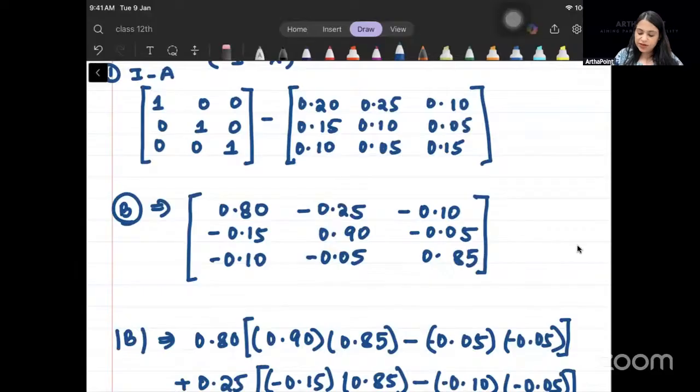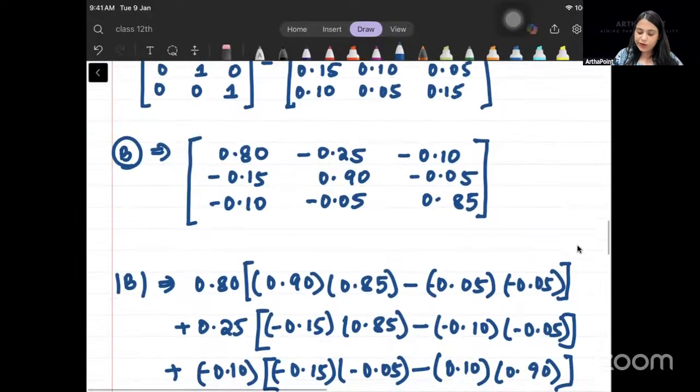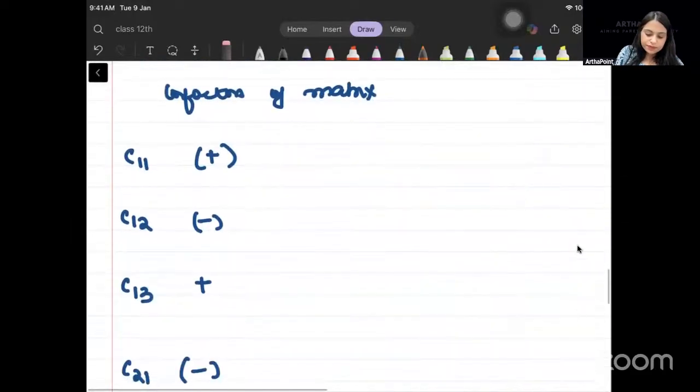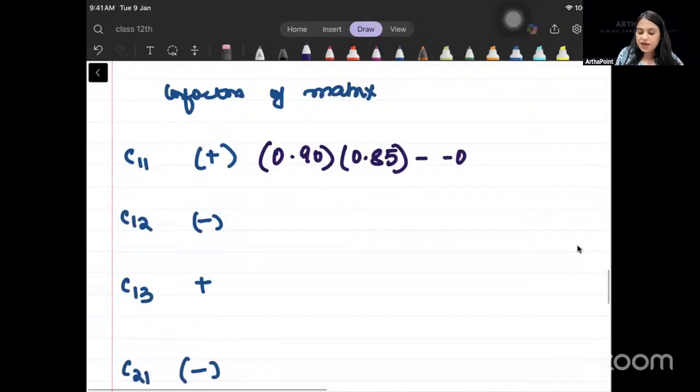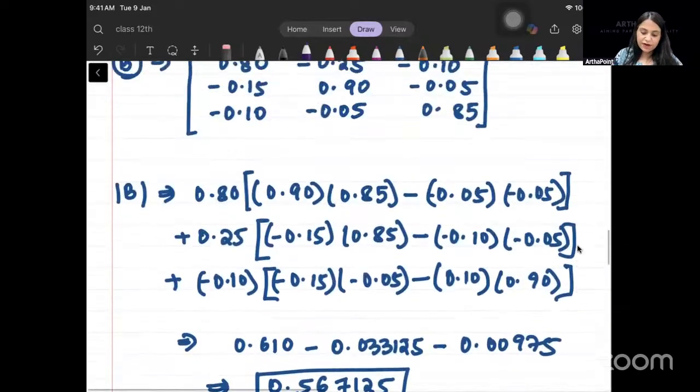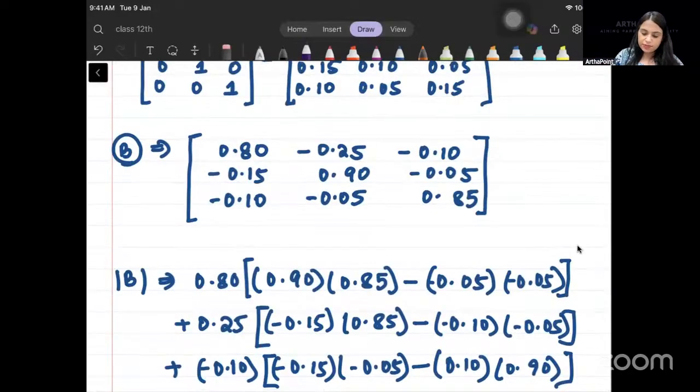Right, okay. Now C11. So C11 के लिए you will eliminate the first row and first column. So when you do that, you will get 0.90 into 0.85 minus 0.05 into 0.05. इतना आ जाएगा when you will eliminate the first row and first column. So it will be 0.90 into 0.85 minus 0.05 whole square. Keep calculating them in the calculator. I will just take it from you. Then C12 means first row and second column will be gone.